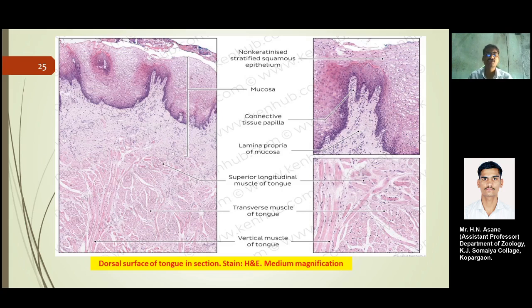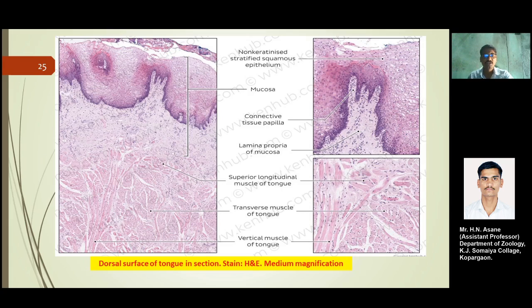You can see the lamina propria of the mucosa, and the superior longitudinal muscles of the tongue, which form the structure of the tongue and control its shape and size, together with the transverse muscles, as you can see in the picture.